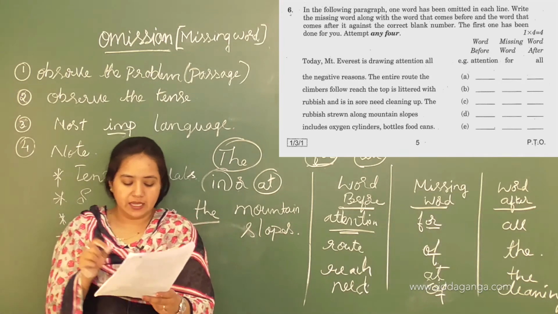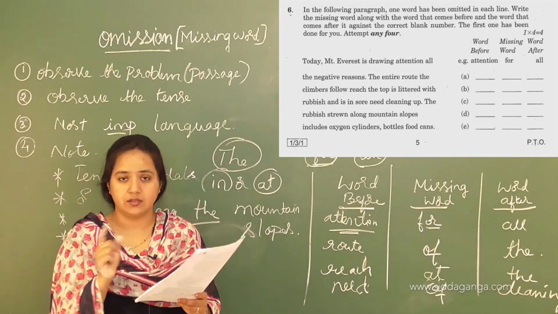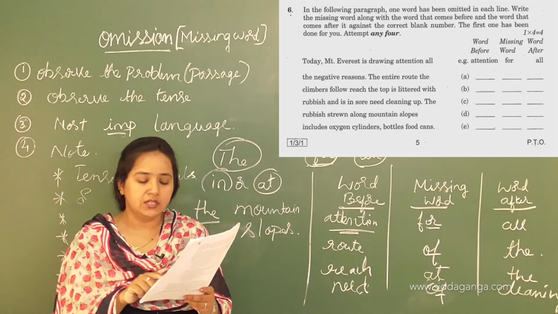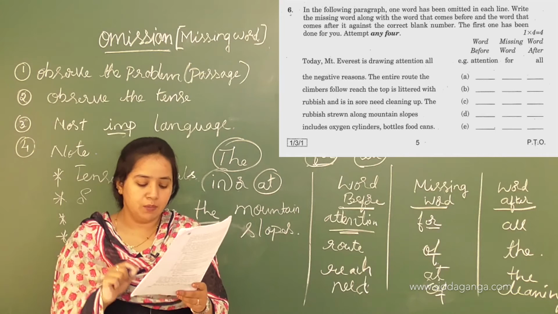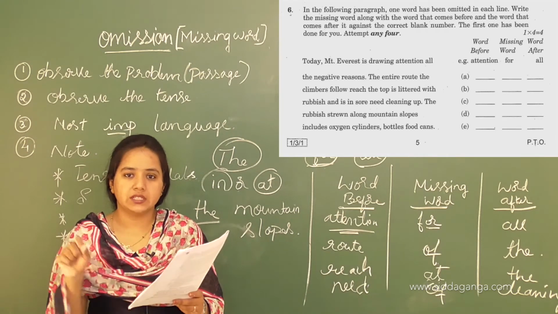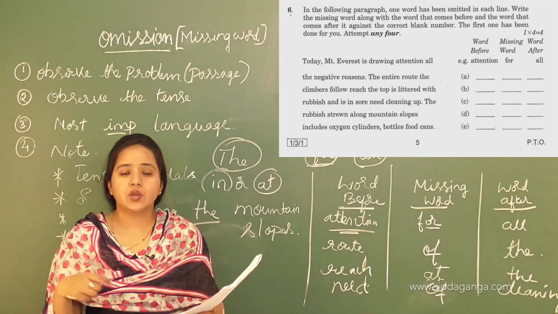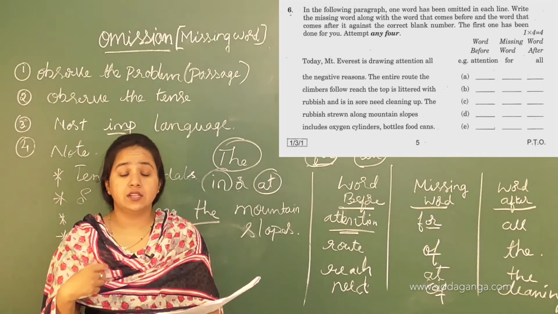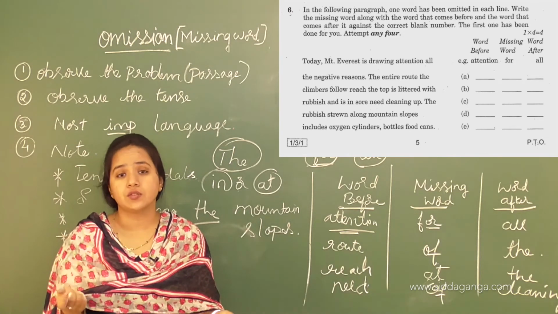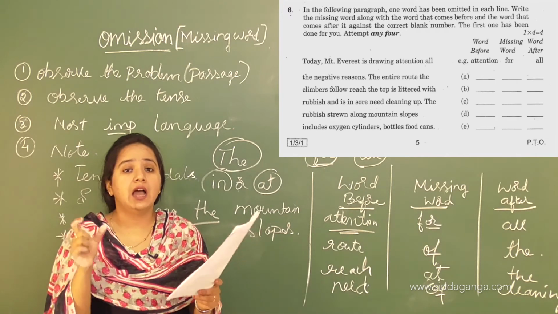Okay, in this, includes oxygen cylinders. Again, there is a punctuation here, that is a comma, then bottles, food cans. We can't end like this without using a conjunction, because there are so many different things being listed here. So we need to use a particular conjunction, that is "and".